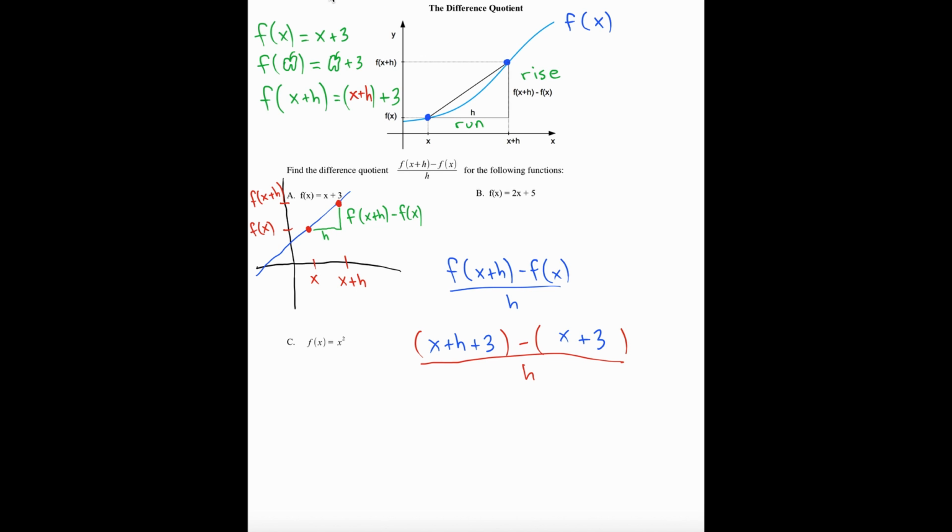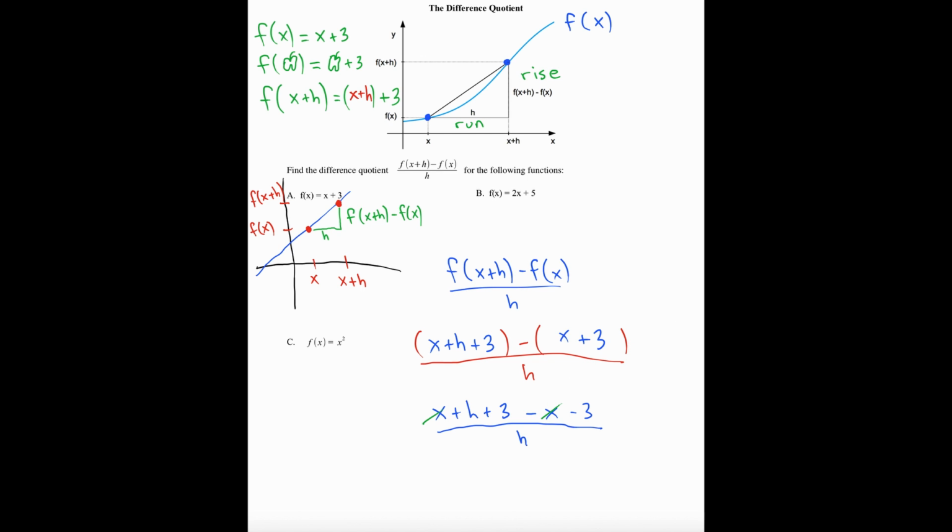Now we just want to simplify and see what we get. So the x plus h plus 3 can stay. I'm going to distribute that negative. I like to do one thing at a time. And often with these, we can cancel some things.